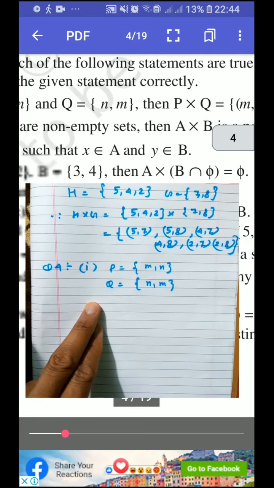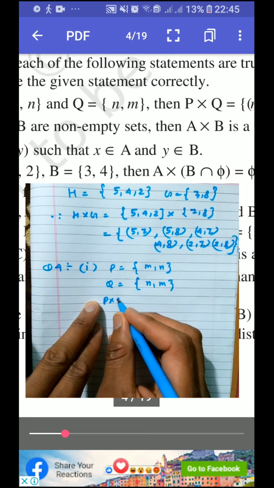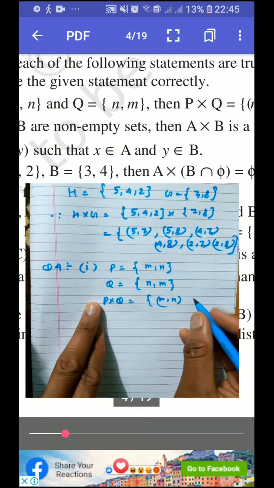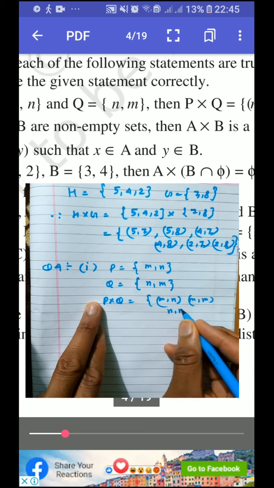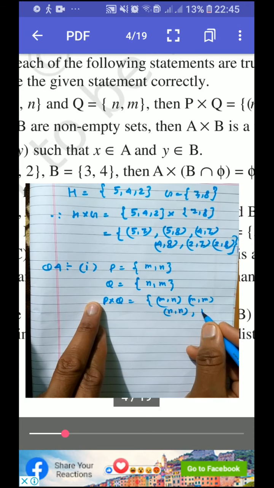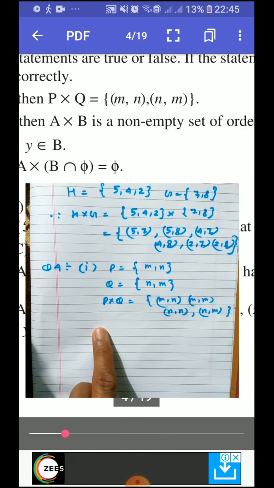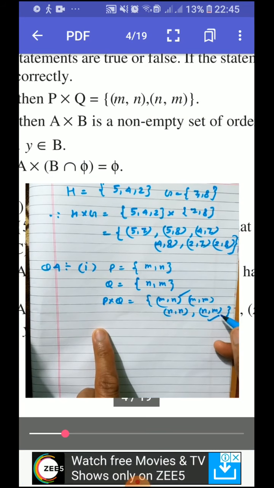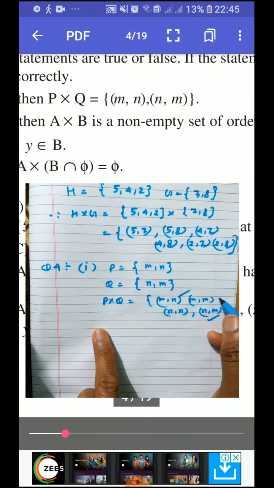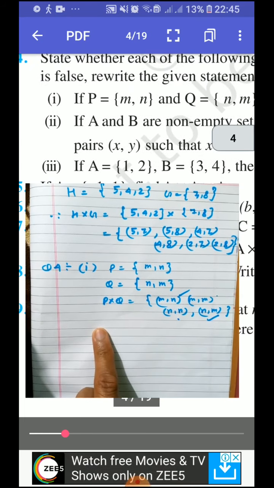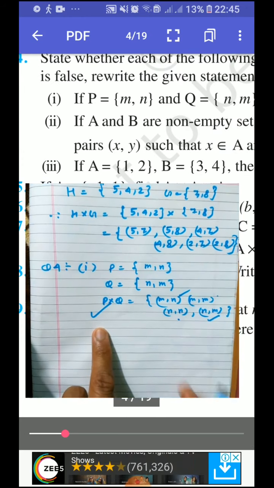Then P Cartesian Q equals (m, n), (m, m), (n, n), (n, m). Let us see: (m, n) and (n, m) are given, but (m, m) and (n, n) are missing, so it is false. So the given statement is false.